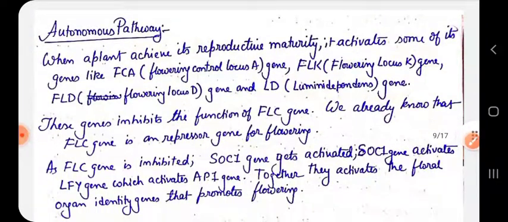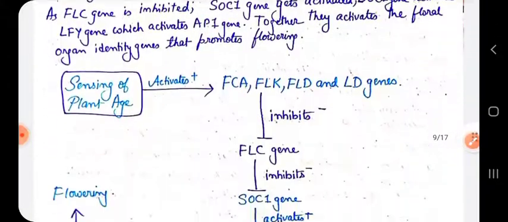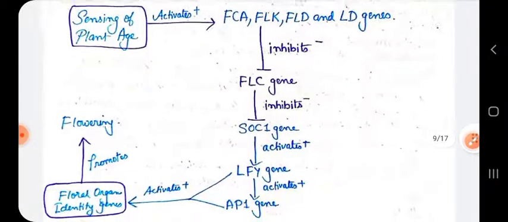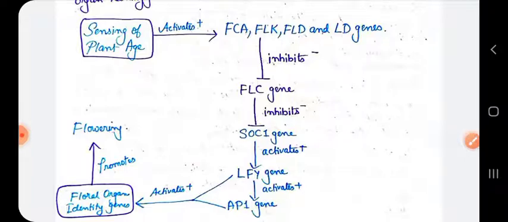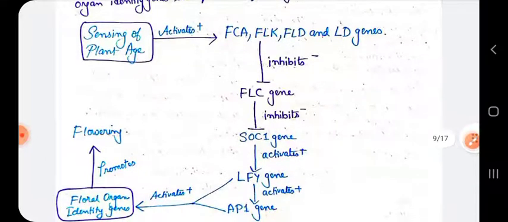Next comes the Agamous pathway. The Agamous pathway, if I explain with the help of a diagram, it will be very good for you. Let us discuss. Now, the Agamous pathway is related with reproductive maturity.